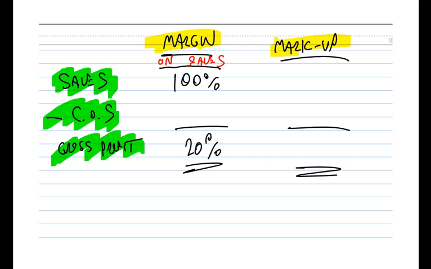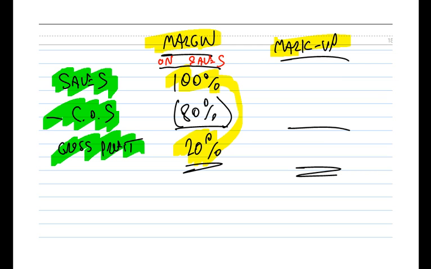So the sales must therefore be 100%. You can imagine to get from 100 to 20, you'd be knocking off 80%. So the cost of sales must be 80% of your sales figure, leaving you a gross profit of 20%. So you can see with a margin, it's a margin on sales. So it's 20% of the sales figure.